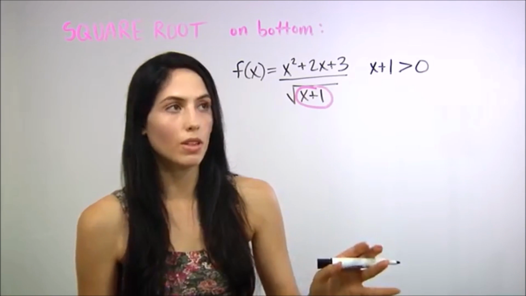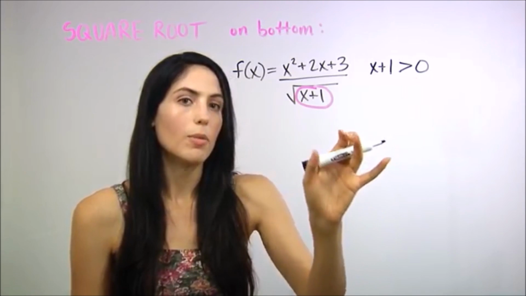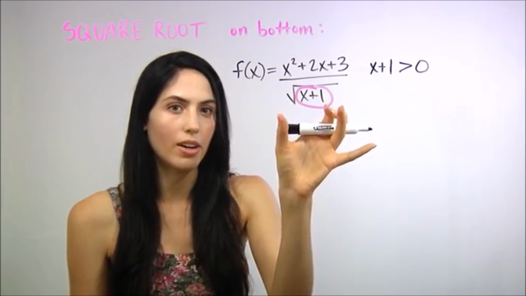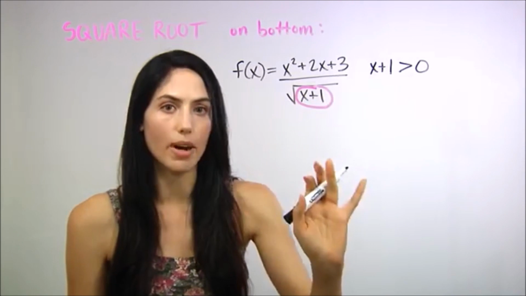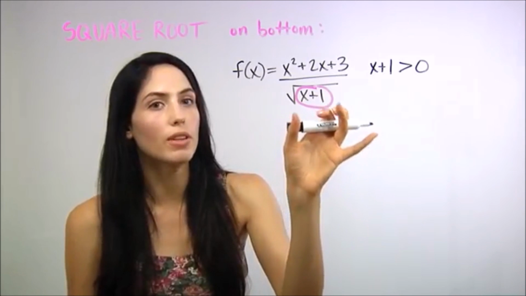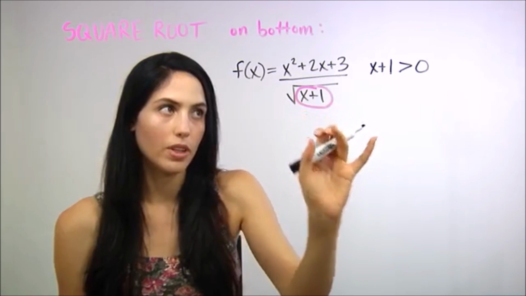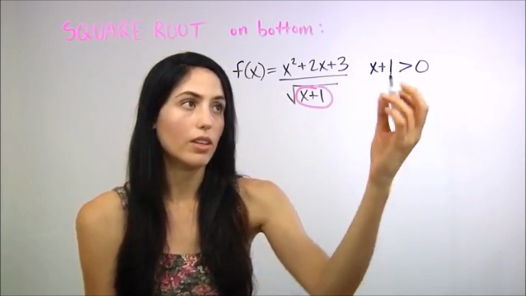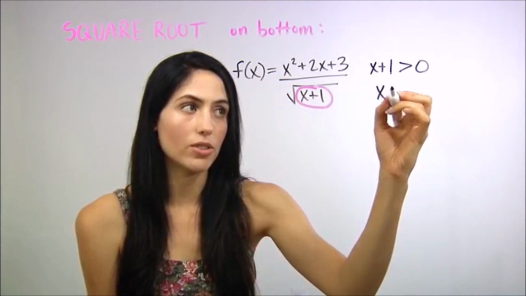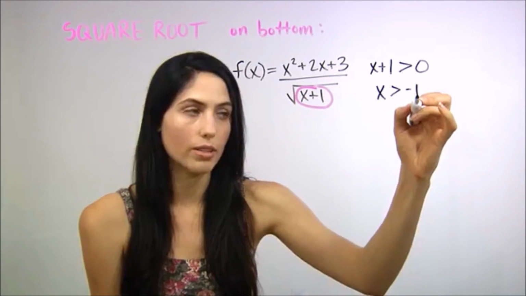Now usually with a square root we would set it greater than or equal to 0, but we can't have the denominator equal 0, so we leave that part out. So if you see the square root in the bottom, all you need to do is take the expression under the root and set it greater than 0 and solve. So in this case you subtract 1 from each side and you would get that x is greater than -1.